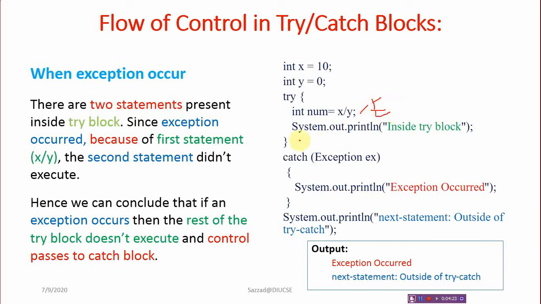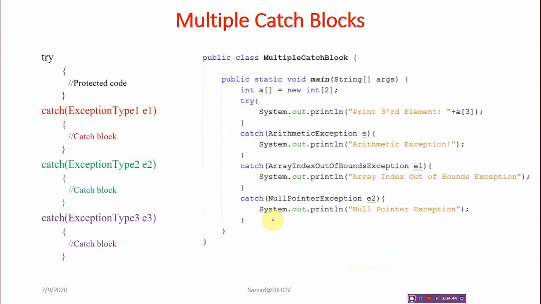It will not execute this line, it will directly move to the catch block, and then execute the statement in the catch block after catching the exception, and after executing the catch block it will execute whatever statement follows next. So this is what actually happens when we use the try-catch block.